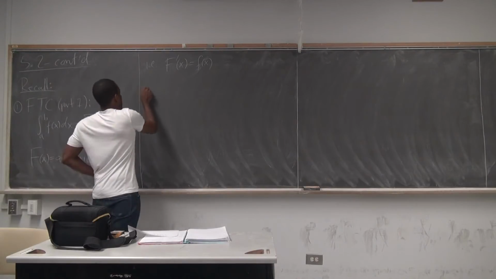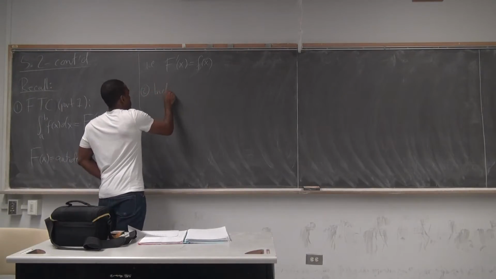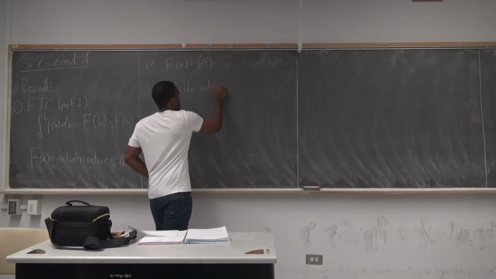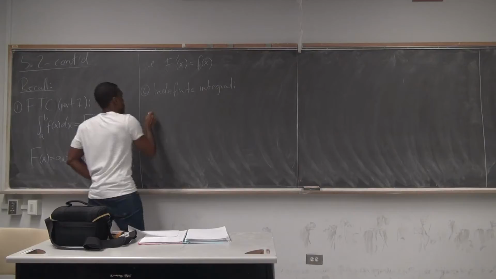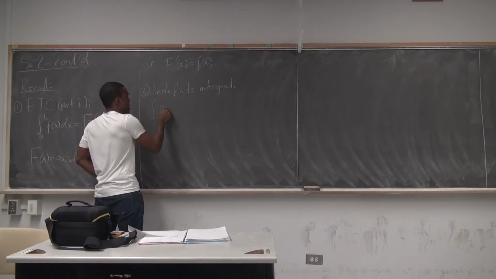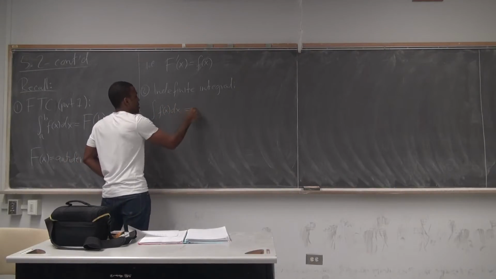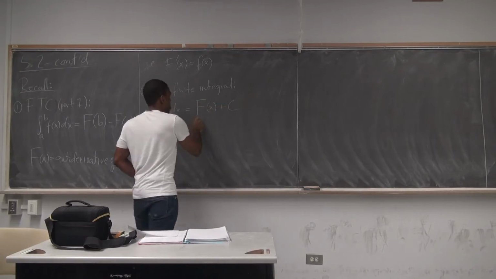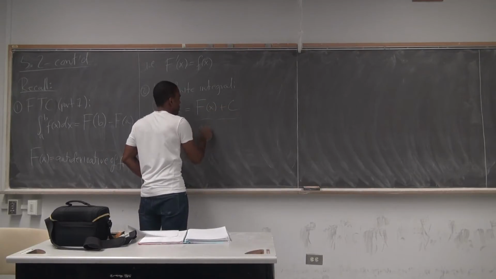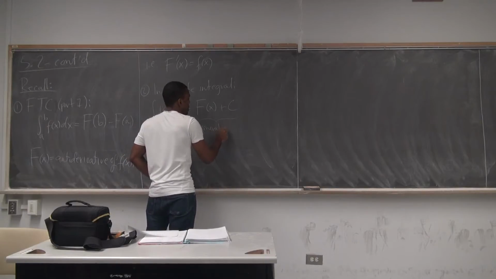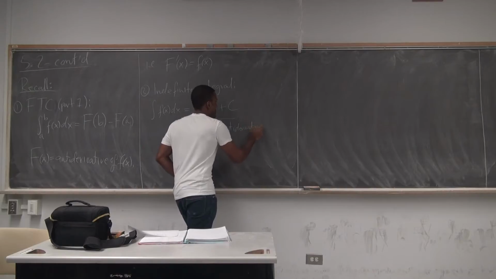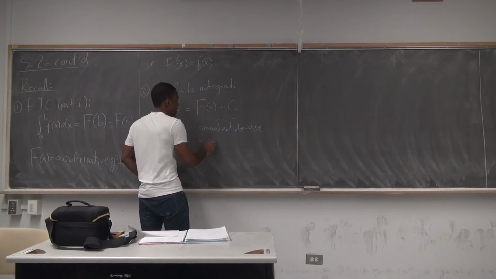We also have the so-called indefinite integral. It's just the integral of f of x dx, and the answer would be big F of x plus c. This is called the general antiderivative, or indefinite integral.